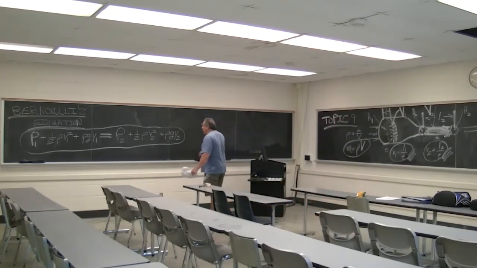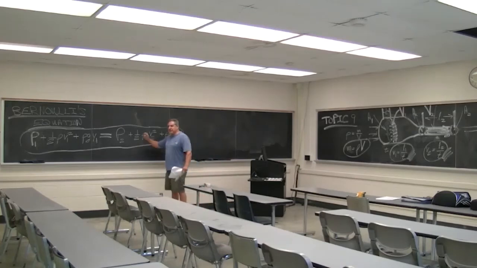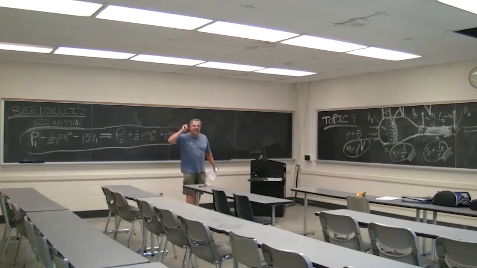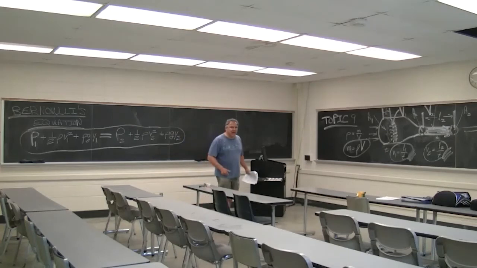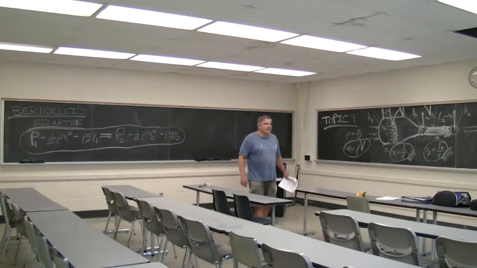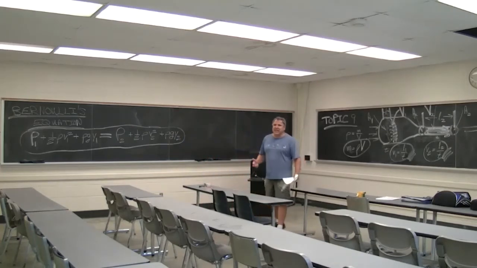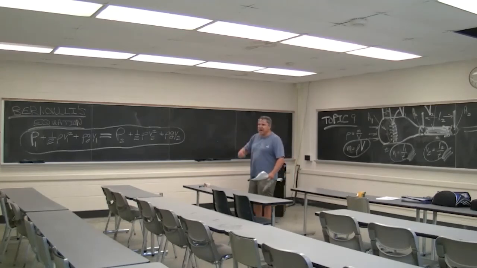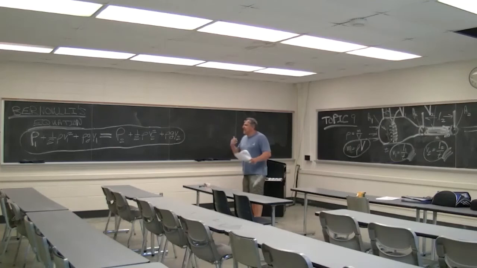But they divide by volume on each side. Basically, just like we say mass density, rho, is equal to mass divided by volume.